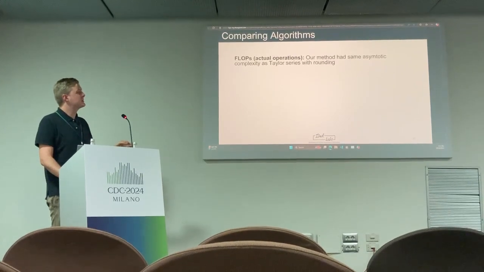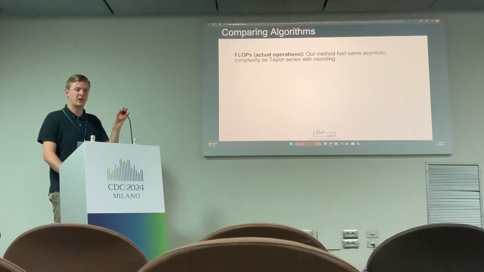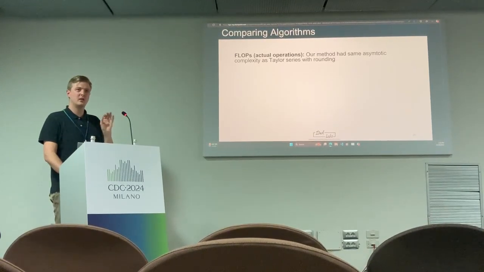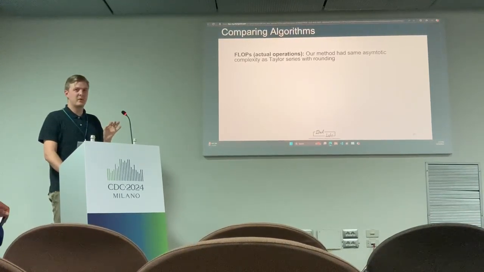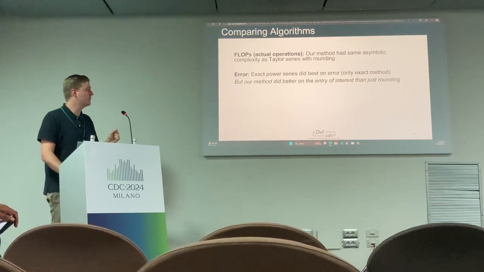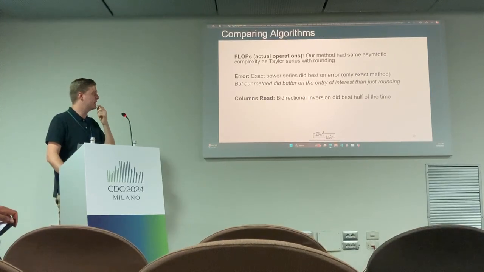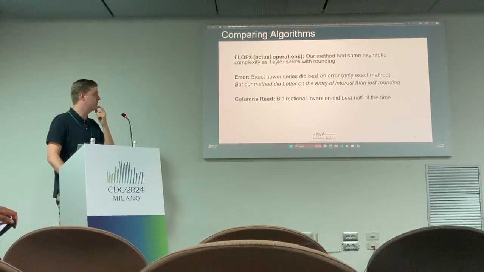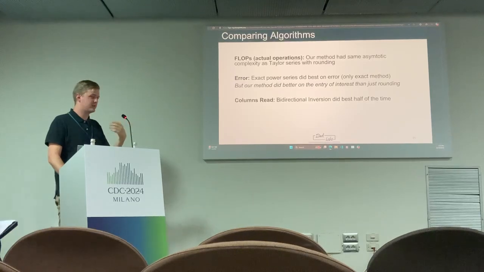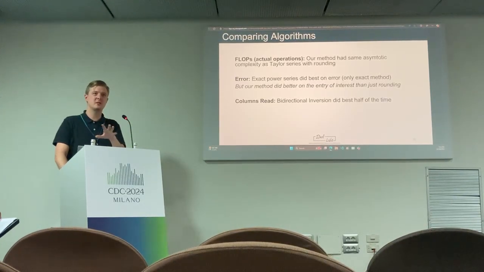The number of flops required, we measured. Our method asymptotically was the same as using rounding, but did significantly better than the Taylor series without any rounding. The error we saw in the previous slide, our method was able to get that gain of half the absolute error. The number of columns fetched from memory is where I mentioned the memory hierarchy, which we tried to use better.